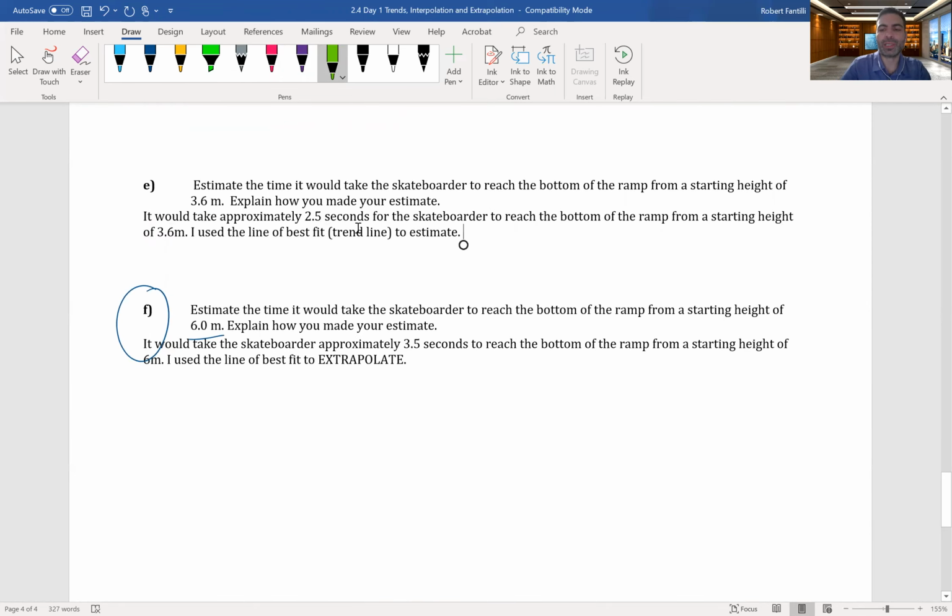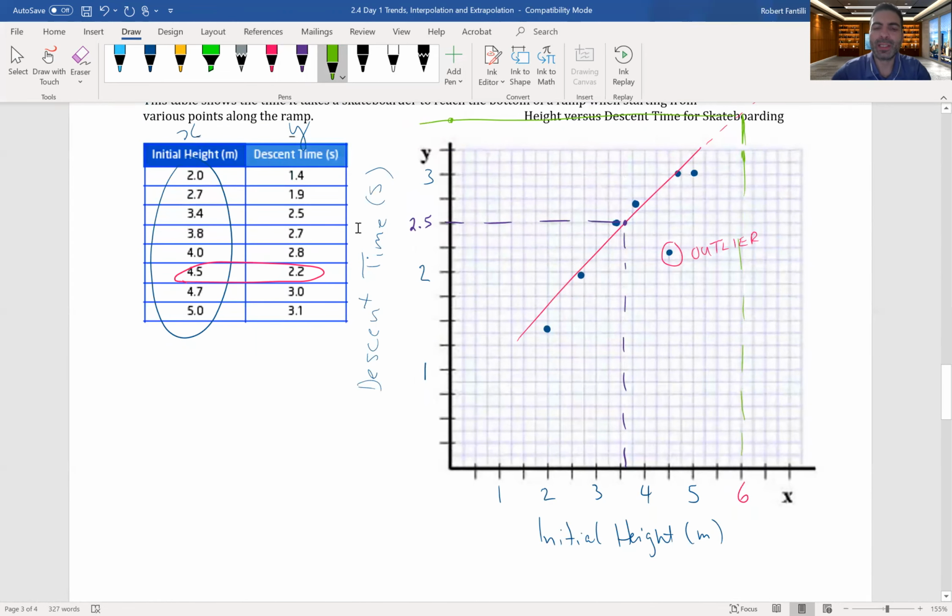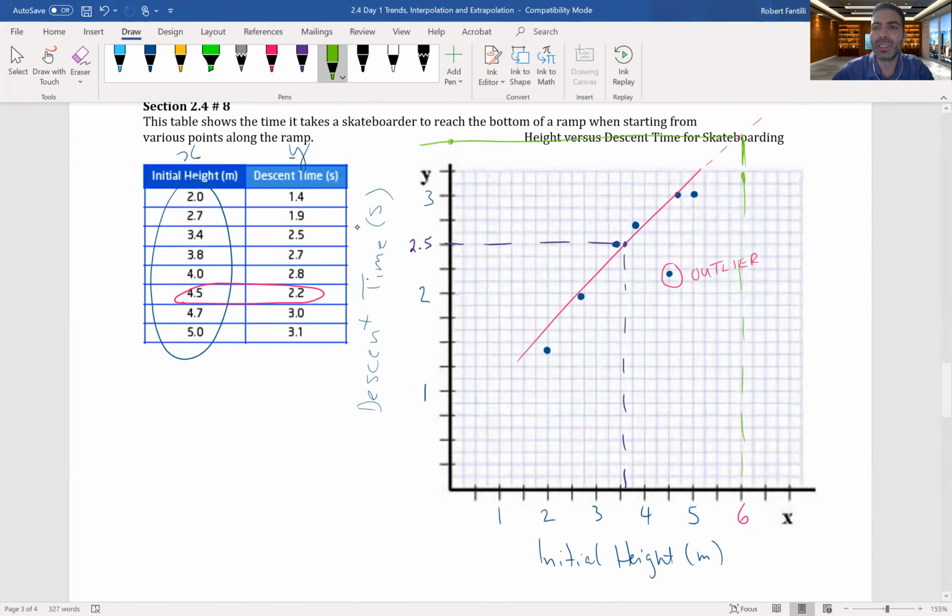And then I put here to estimate, and here I'm going to say to interpolate. Remember, to interpolate is within the set of data. Within the set of data, when it asked us what would happen at 3.6, that's somewhere in between some dots or data given. But when it asked us what happens at 6 meters, that's outside the data given, right?